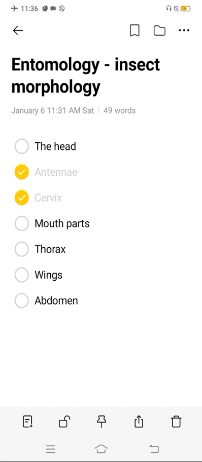Then the capitate antennae. The proximal segments of the flagellum are of uniform size, while the distal segments modify into a large knob or capitulum.